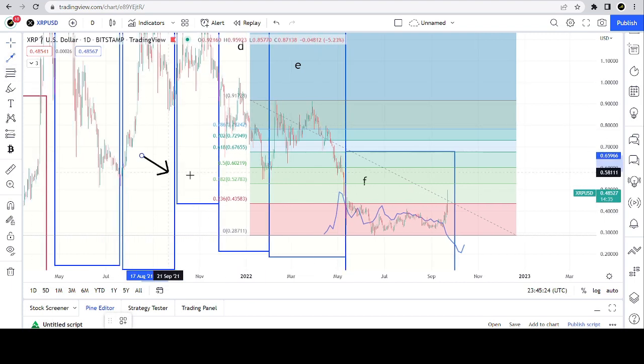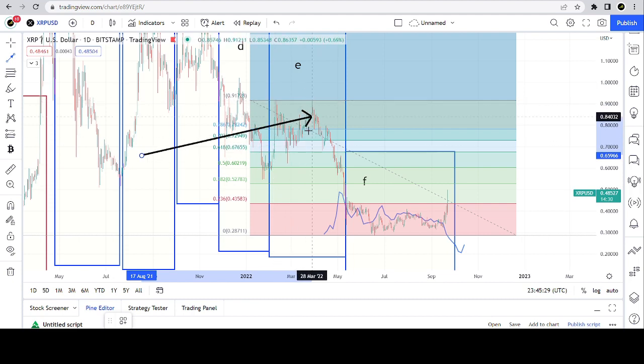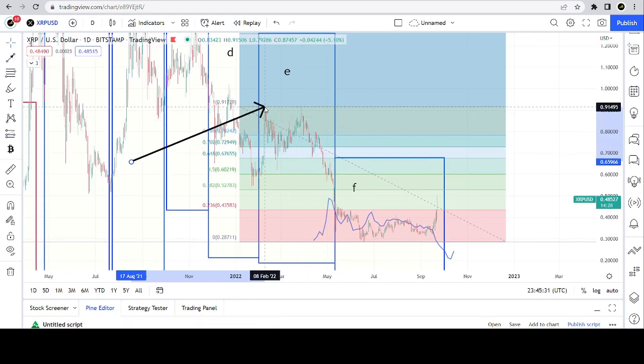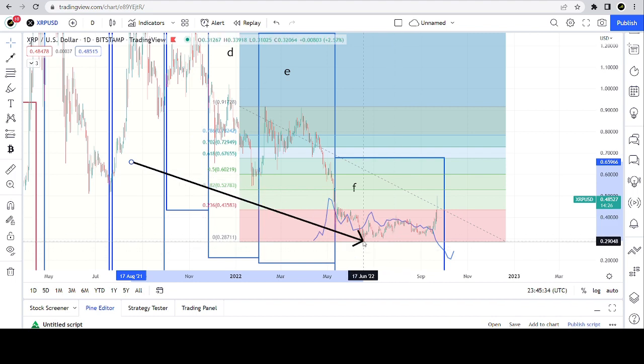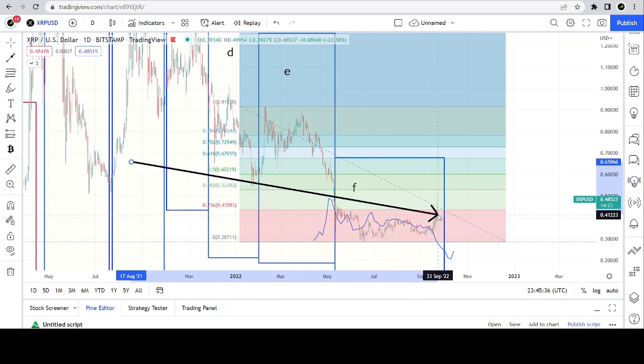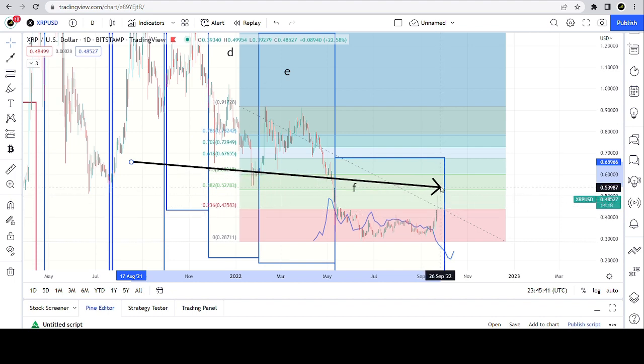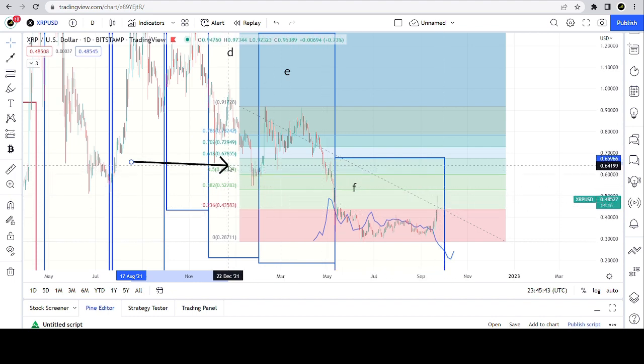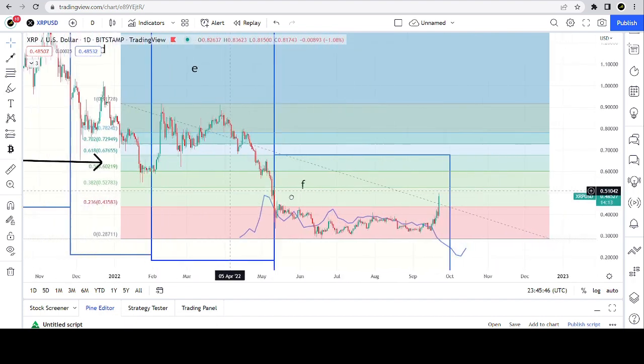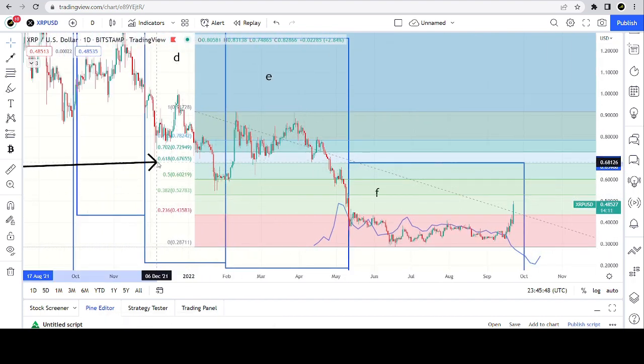Okay, folks, so that brings us to where we are today. So here is the E fractal with that bowl, and it's put at the top of there, the peak there, and in the trough down here. So we could say, from a historical basis, that the minimum we can expect XRP to move up, let me zoom in here so we can get a better look, is just below the 0.618, which would roughly be around the mid-60 cents.